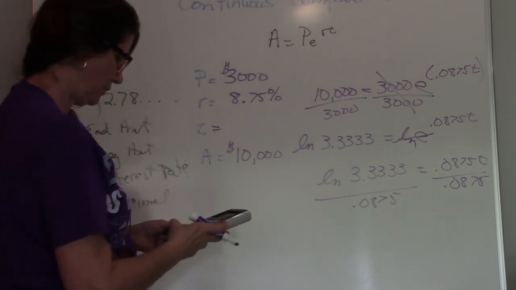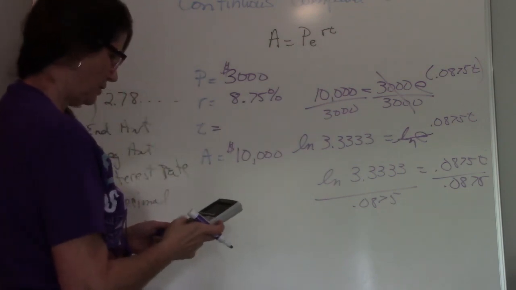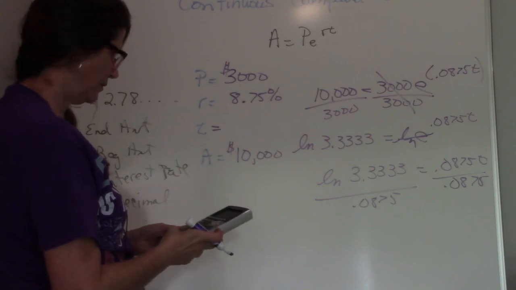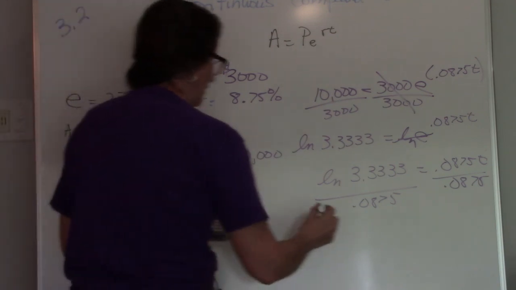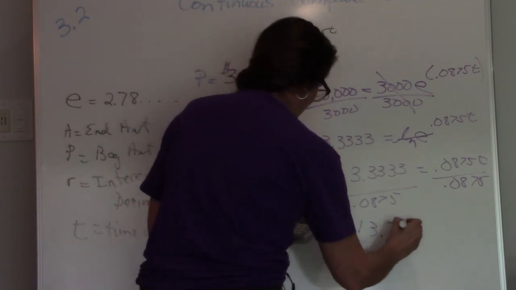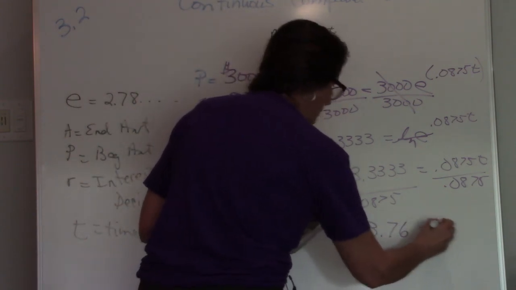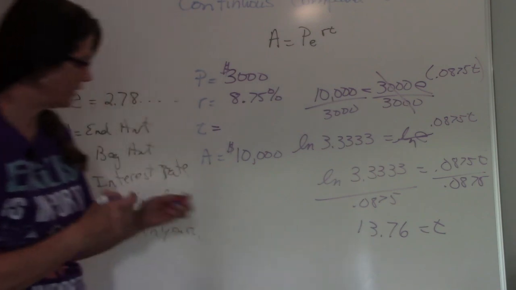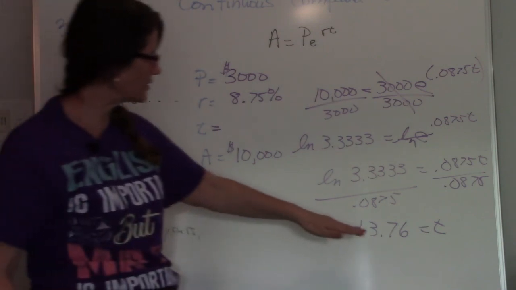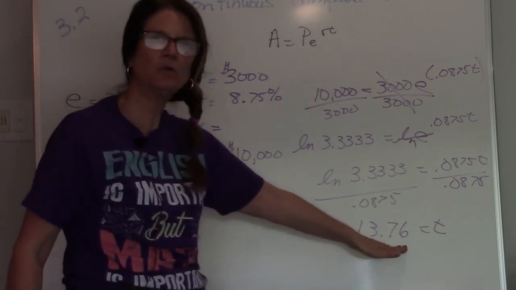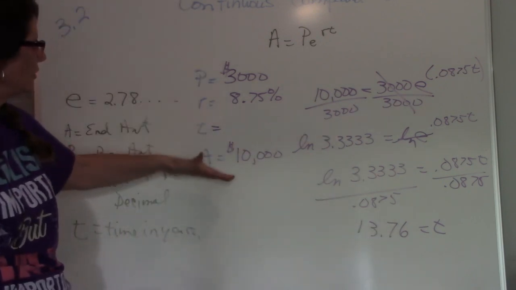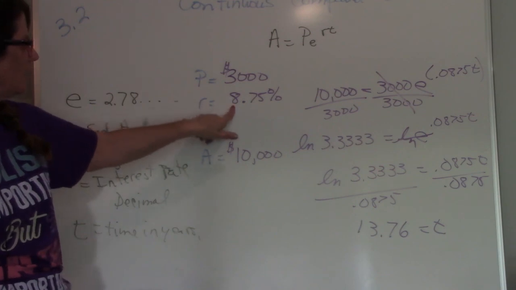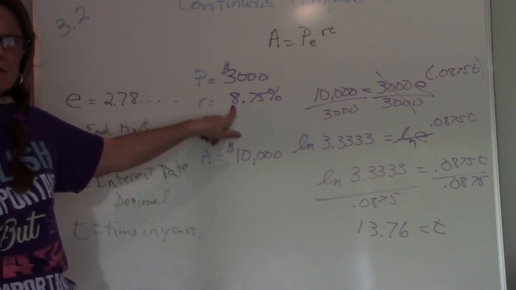So ln 3.333, close my parentheses, divided by 0.0875, and I get 13.76 as my time. What does that mean? It means it takes 13 3/4 years for my money to grow from 3,000 to 10,000 at an 8.75% rate. Okay?